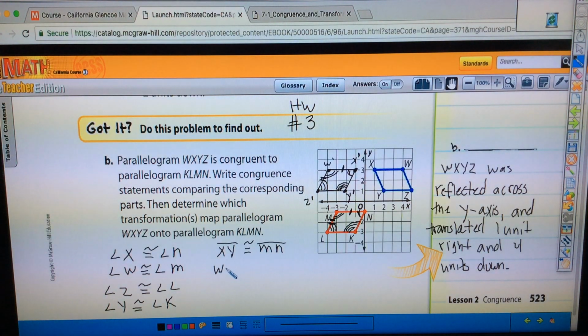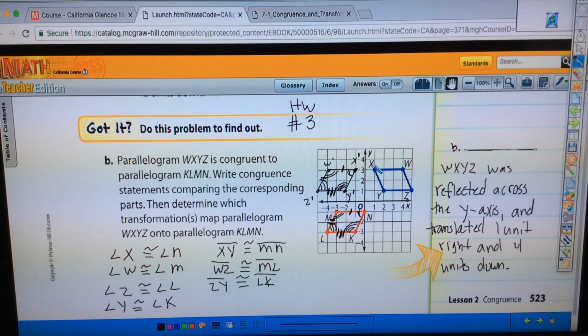Line segment WZ corresponds with ML or LM, doesn't make a difference. ZY or YZ, I'll give that 3 tick marks. It's going to correspond with side length LK. So side length ZY or YZ corresponds with LK or KL.